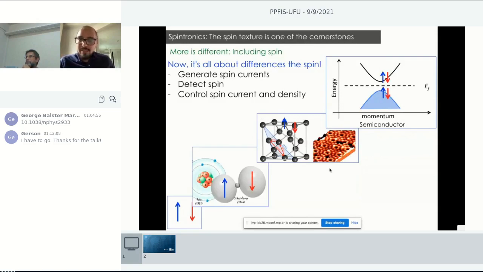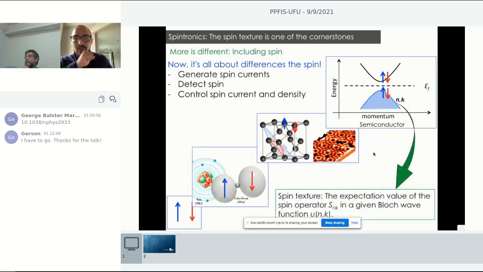But to do that, as I already mentioned, we need to understand how to first put the spin in the band structure and how it appears. So, maybe you are thinking that this is very simple and obvious, but let me try to convince you that it's not so easy, okay?